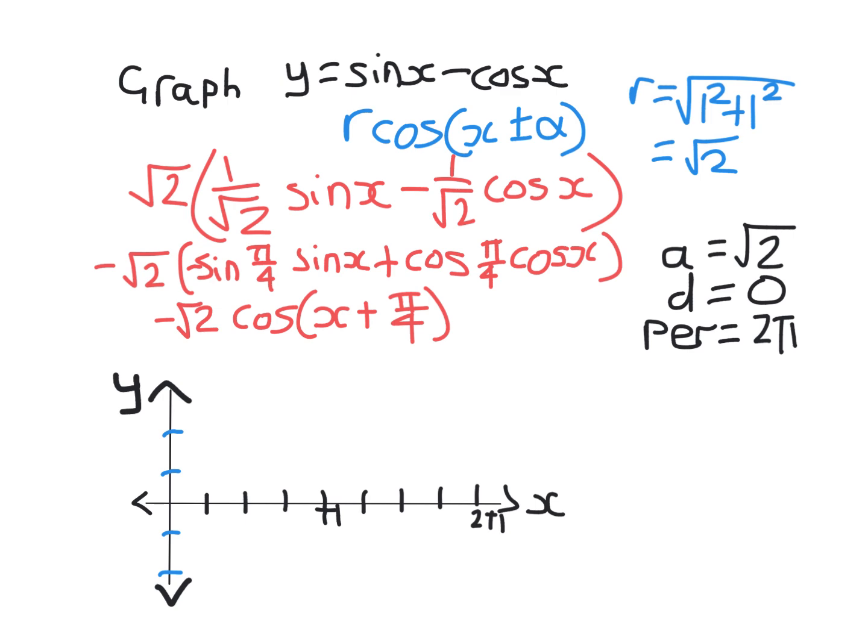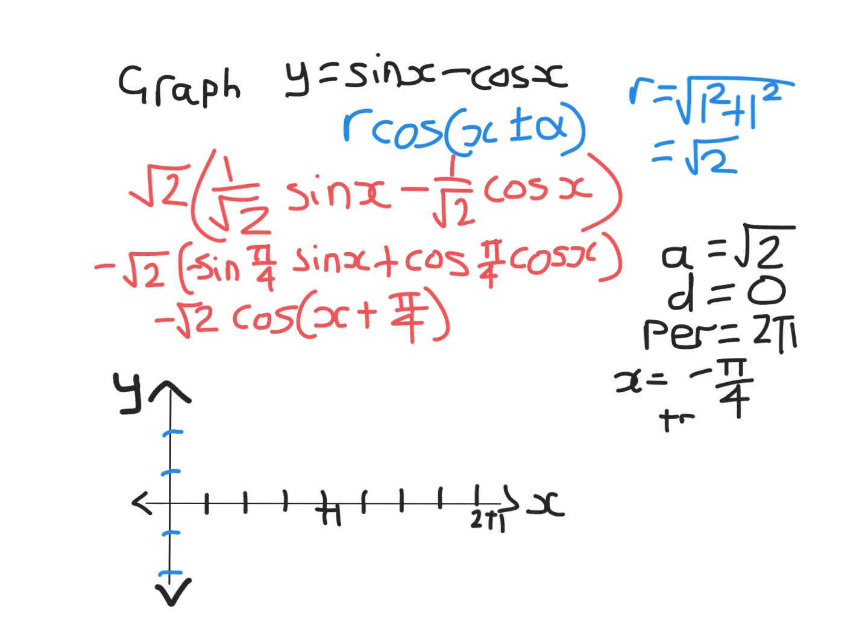For cos, the first peak is just the negative of that, so there would normally be a peak at negative pi on 4. Now what happens is when you have a negative out the front here, it just switches around the peaks and the troughs. So this will actually have a trough at x equals minus pi on 4.